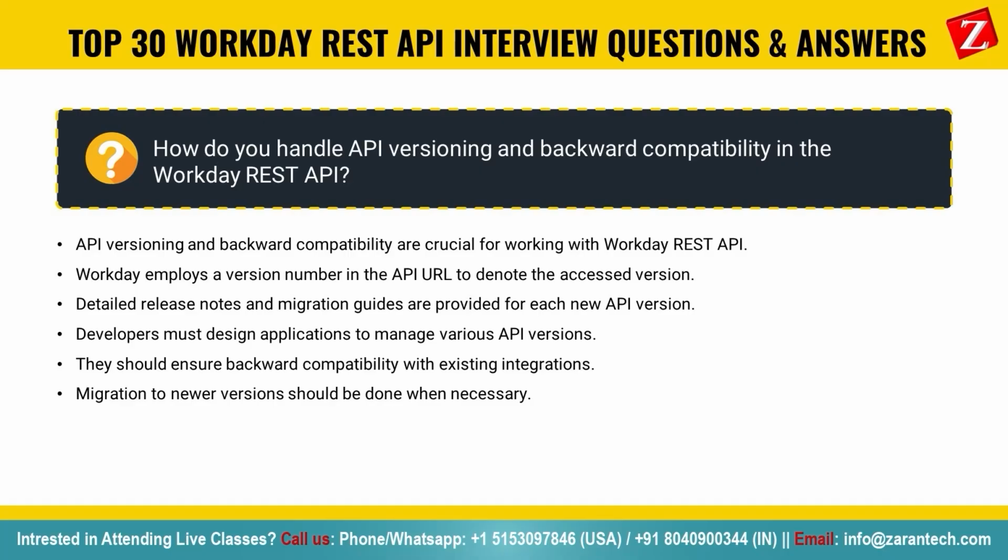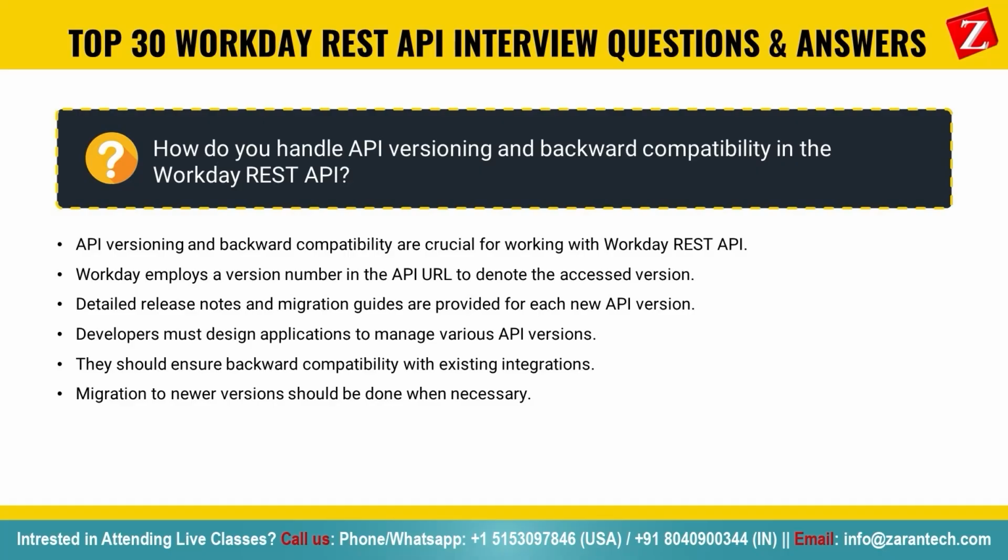However, it's important to note that migration to newer versions should be done judiciously. While backward compatibility helps mitigate risks, there may be instances where upgrading to a newer version is necessary to leverage new features or improvements.